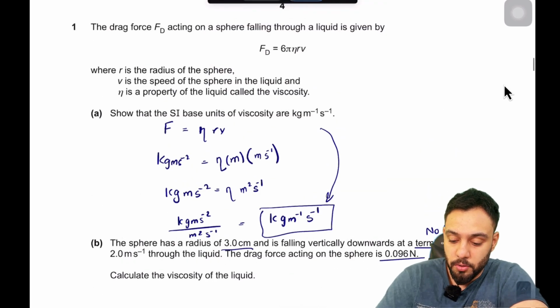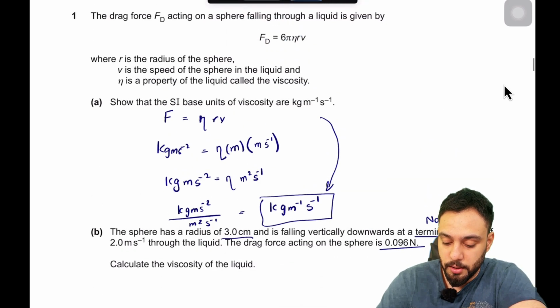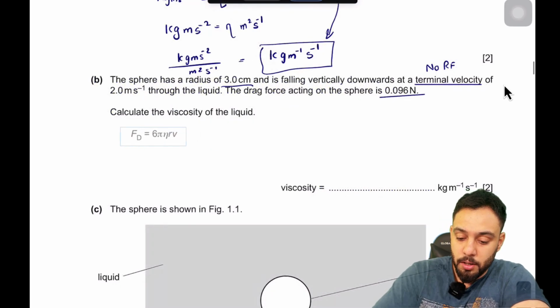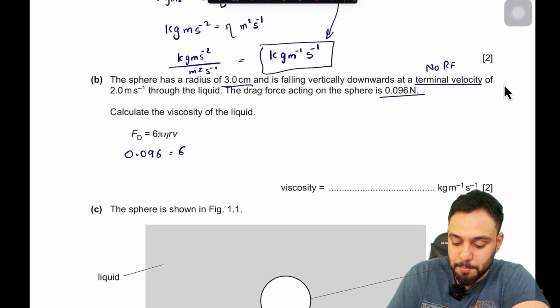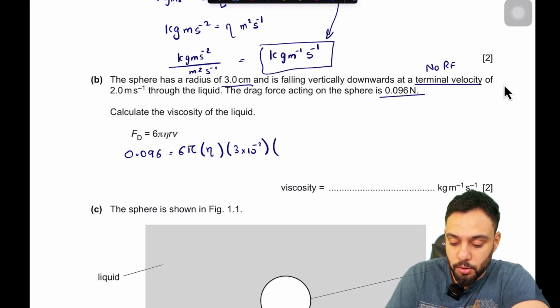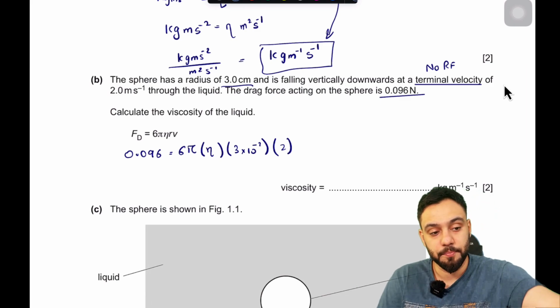Okay, so you have this equation that they have already given you in the above question. You have the drag force, that is 0.096, and 6 pi. You need to find the viscosity. Radius is 3 centimeters, so you convert it into meters, and you also write the speed.